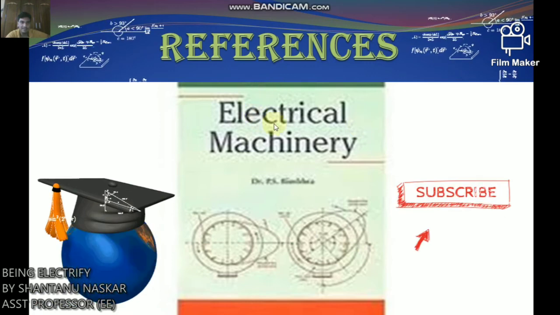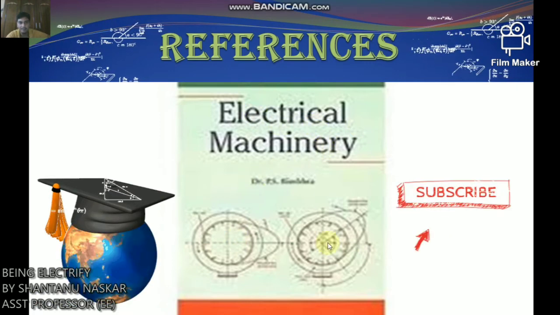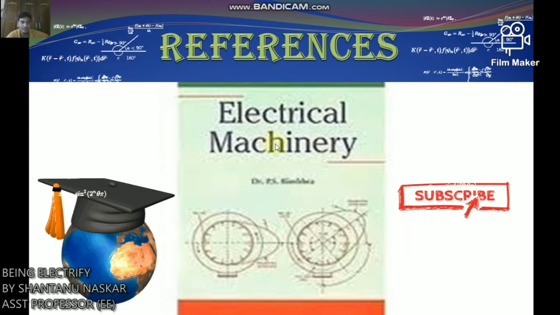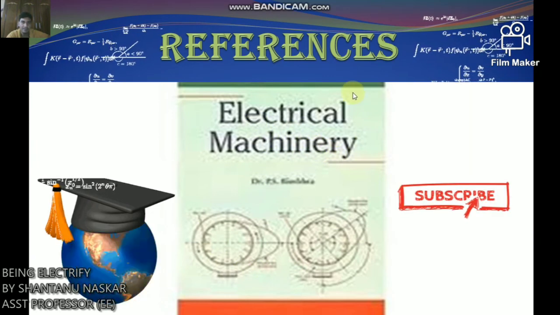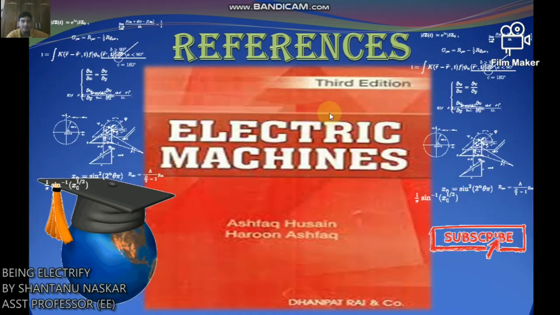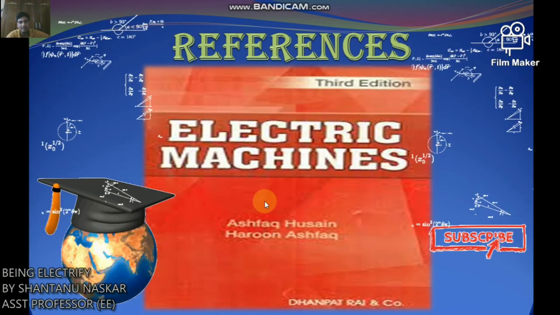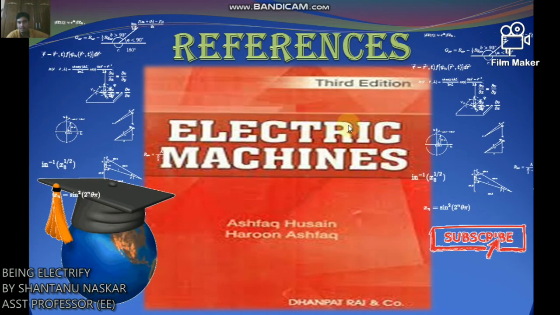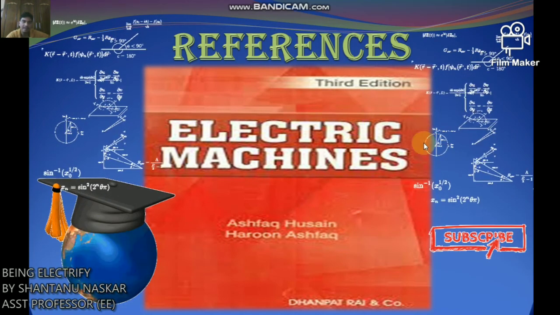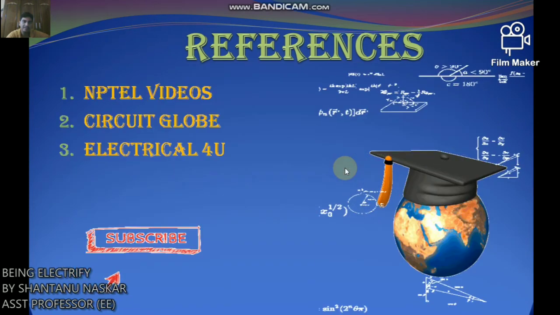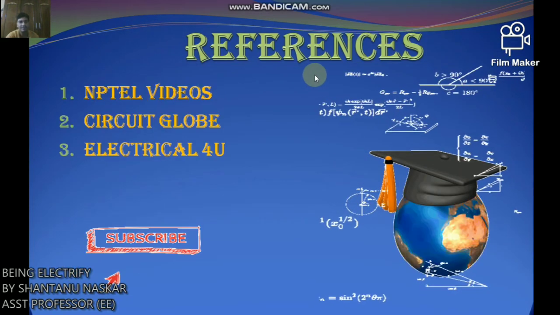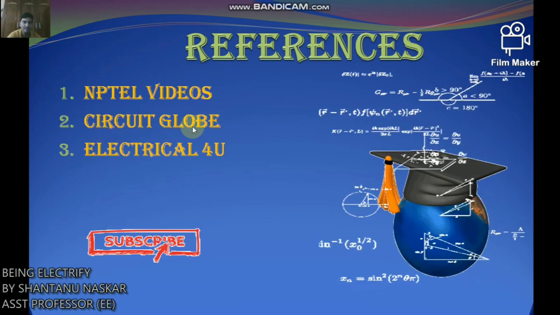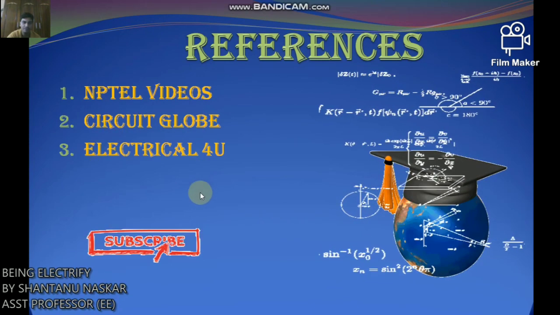Second is Electrical Machinery by Dr. P.S. Bimbhra. This is a very good book according to my choice. Third is Electrical Machines by Ashfaq Hussain and Harun Ashfaq. This is also a very compact book. And some reference sites: NPTEL video lectures by IITs, Circuit Globe and Electrical4U.